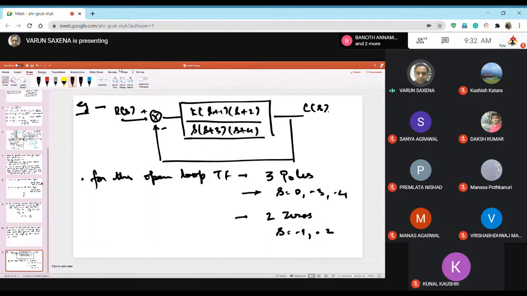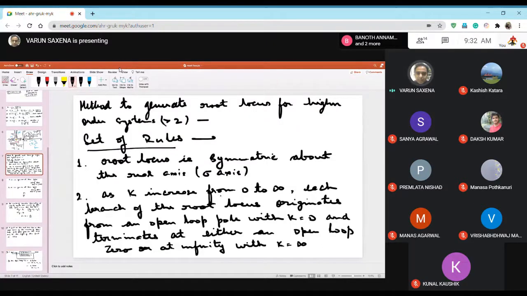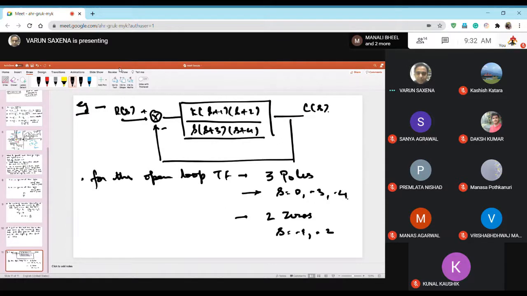If you look at this rule, K will increase from 0 to infinity. Each branch of the root locus originates from an open loop pole with K equal to 0. You have 3 open loop poles. So all these points, s equal to 0, s equal to -3, s equal to -4 correspond to K equal to 0, and branches will originate from these points. Since you have 3 poles, you can be sure that there will be 3 branches in this root locus.